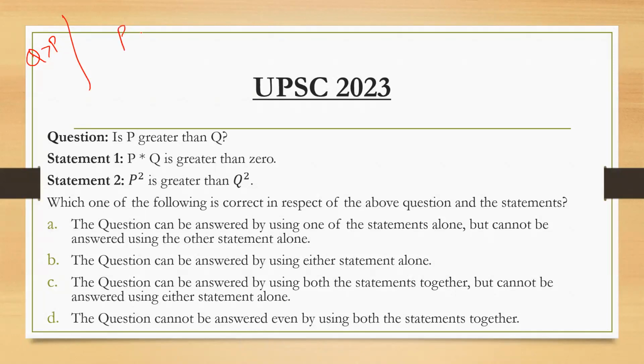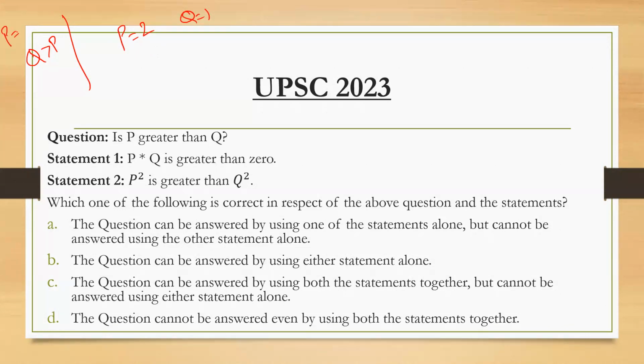In another scenario, you take P is equal to 2, Q is equal to 1. I'm now taking positive values. I can take any values, right? Sir, how did you get Q greater than P?